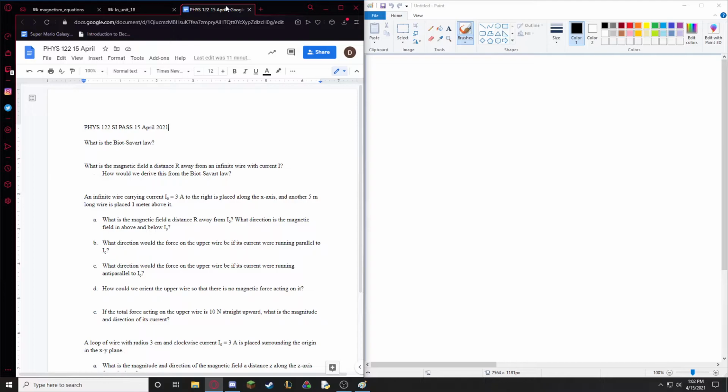And what exactly is it? Equation of B is equal to mu naught I over 2 pi r. And what exactly does that mean? What is B? What is I? What is the context of this?